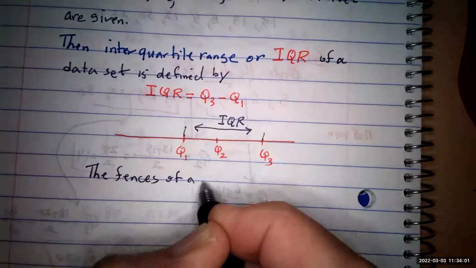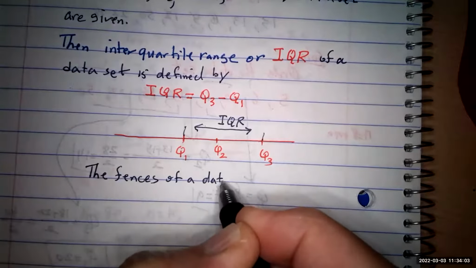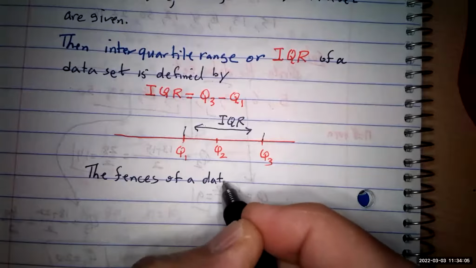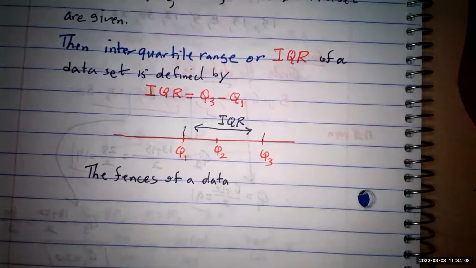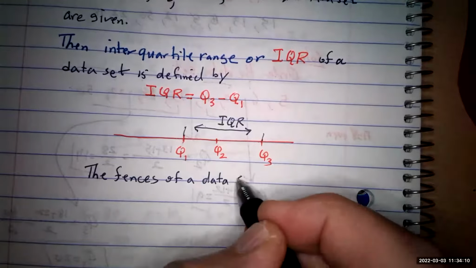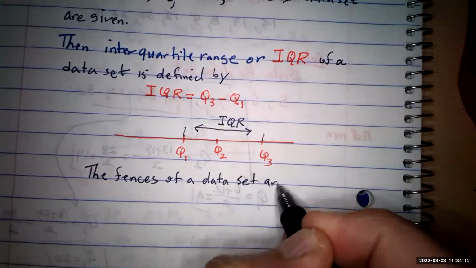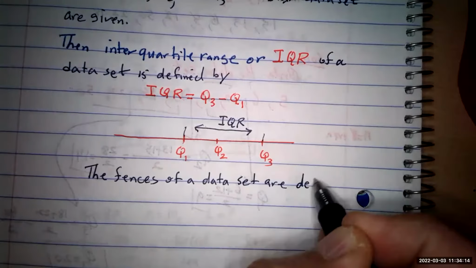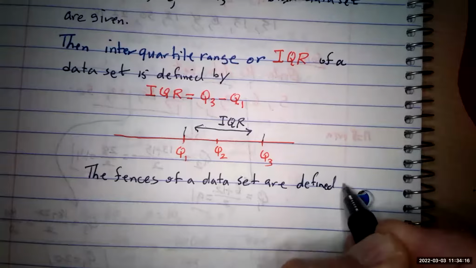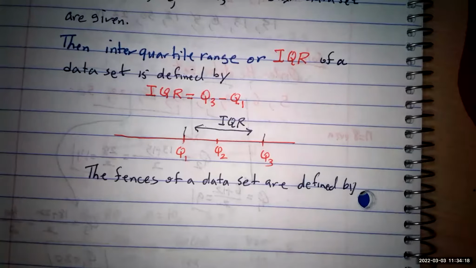So the fences of a data set are going to be defined by a lower fence, or the lower end.